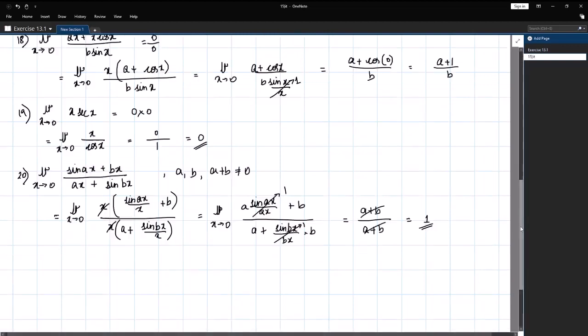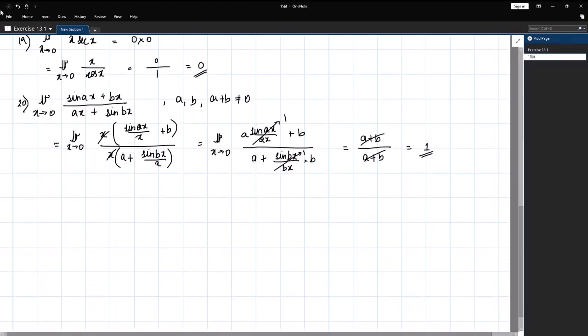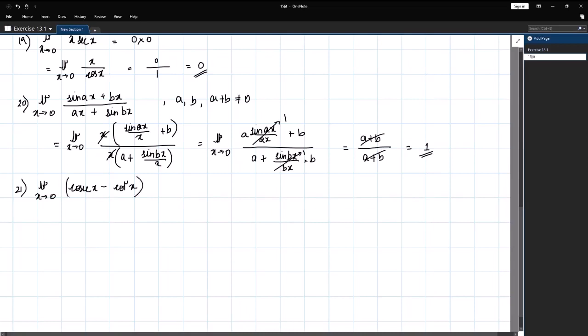So now question number 21. Limit x tends to 0, cosecant x minus cot x.